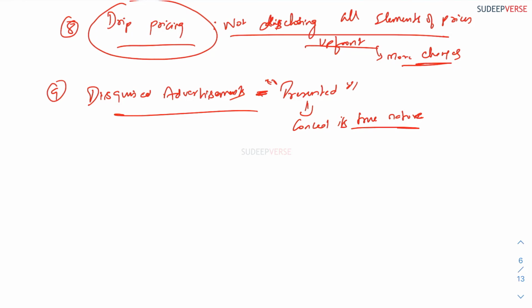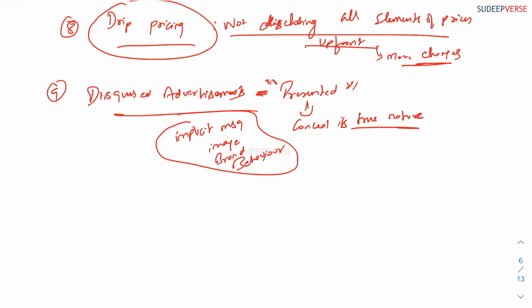So basically what they are showing need not be the one that they are advertising, but there will be an implicit message, an implicit image, or an implicit brand, or an implicit behavior that they are going to show. That is the advertisement. So concealing the true nature of the advertisement and showing something else is what is known as disguised advertisements. Okay.